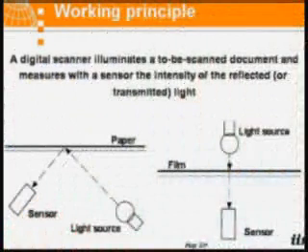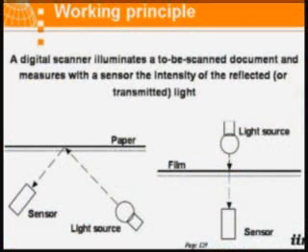You may have two different types of material to scan. One is opaque material, like your paper map or topographical maps. In that case, you have a light source at one side, and on the same side you also have a sensor. So both are there, and then you scan. The other type is where you have a film.